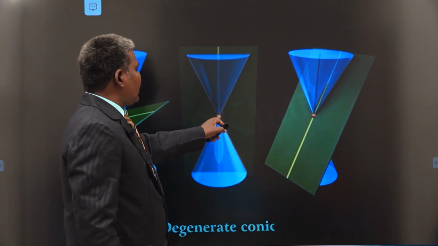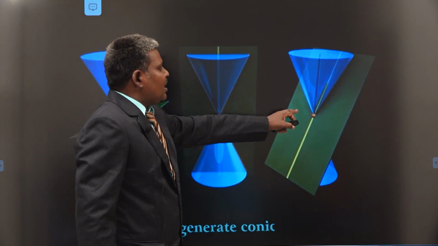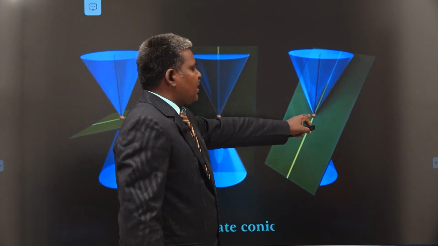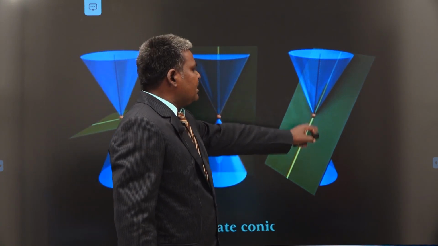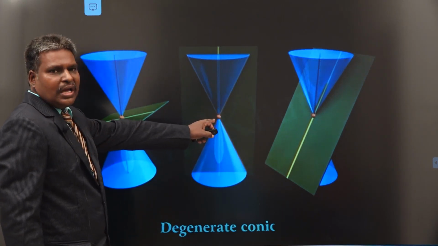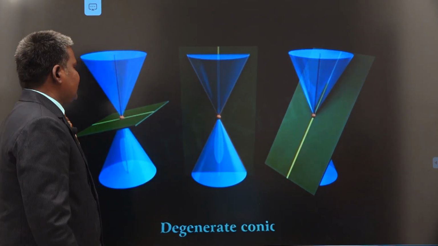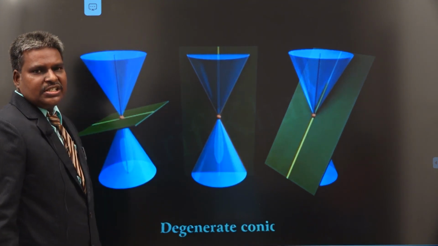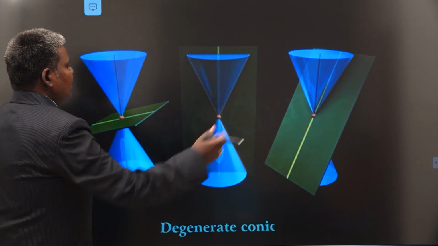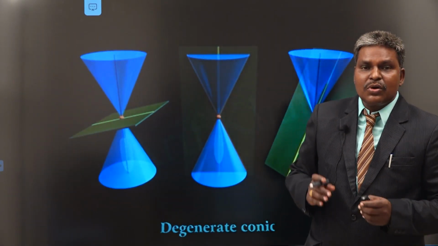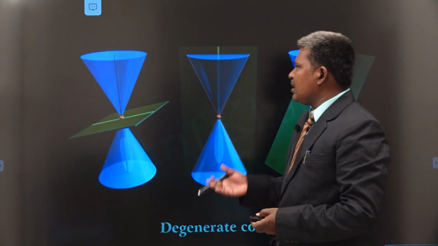Instead of the hyperbola we obtain a pair of straight lines. Instead of the parabola we obtain a single line. Here A is equal to B. Actually we get a parabola, but in this case we obtain a straight line. Actually this is a hyperbola, but in this case we obtain a pair of intersecting lines. Actually this is an ellipse or circle, but in this case we just obtain the point. This is the summary about the conic sections, how we obtain the conics from the cone with the intersection of a plane.